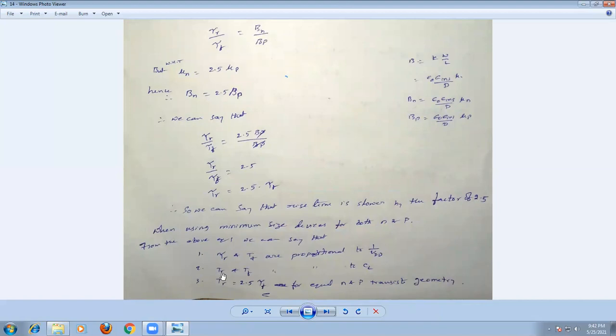Similarly, rise time and fall time are both proportional to load capacitance. Similarly, rise time is equal to 2.5 times the value of TF for equal values of P and N transistor geometry.